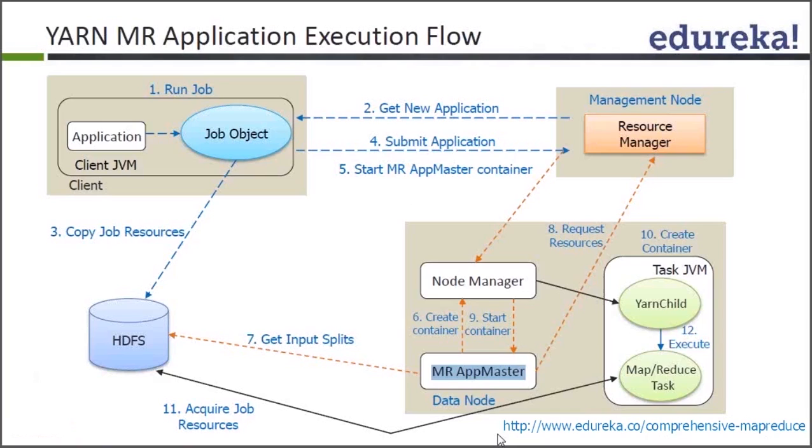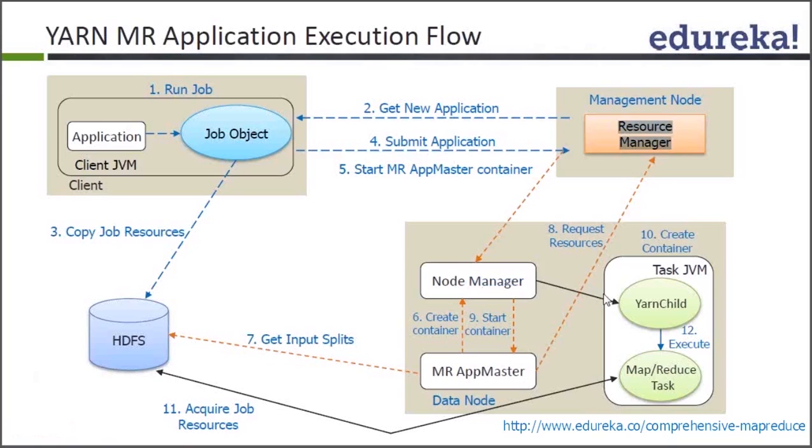Step number 7, the application master will get the input split from HDFS. Then he would know which nodes the data is on. He will tell the node manager on that machine to start the container. That is step number 9. It will also talk to the resource manager in step number 8 to get the resources.